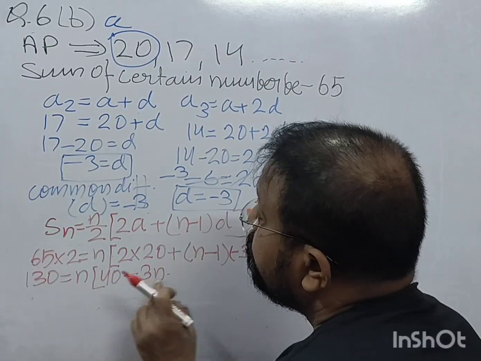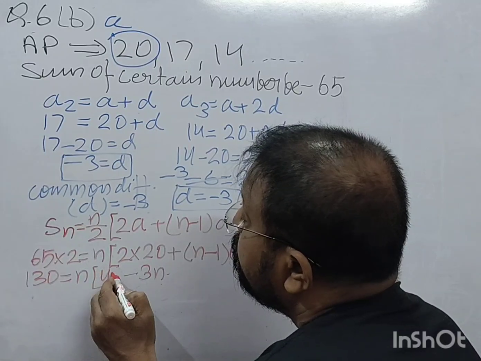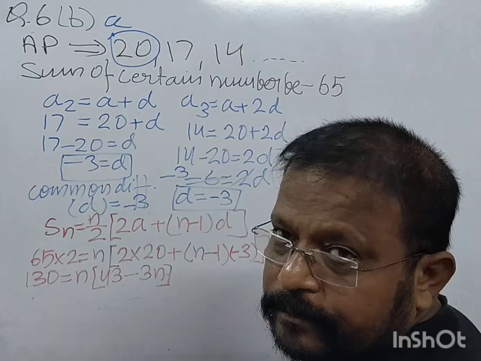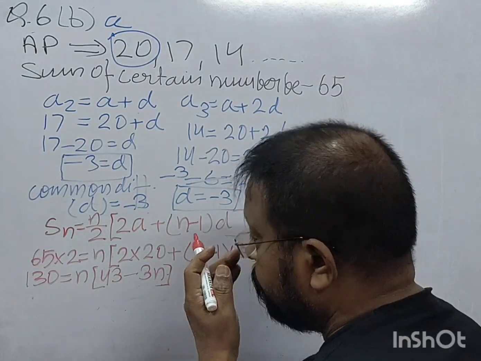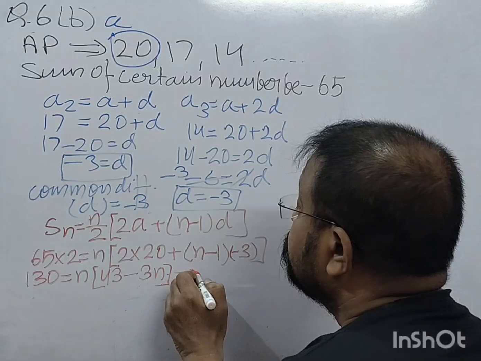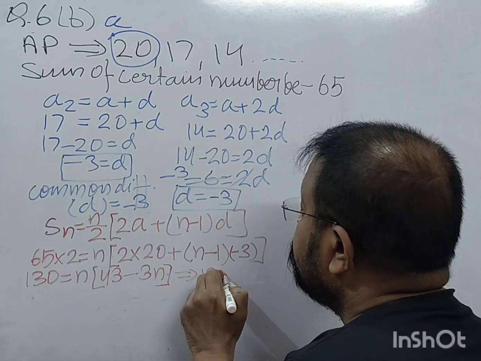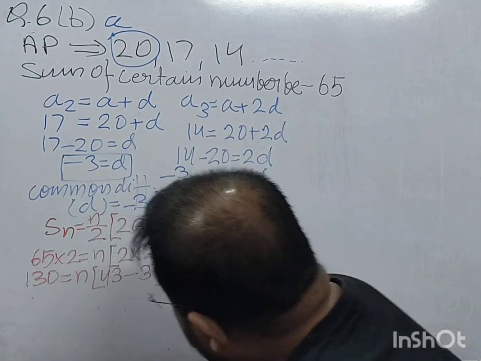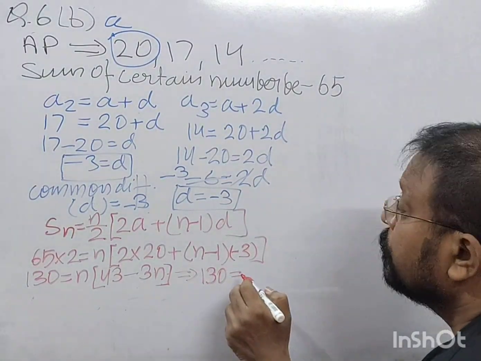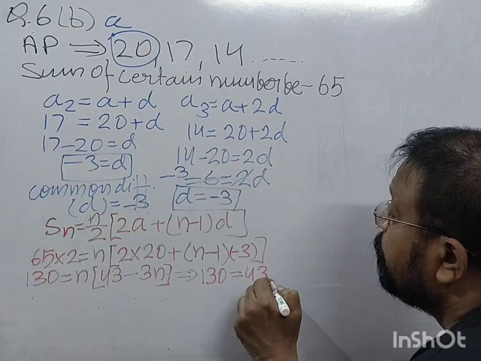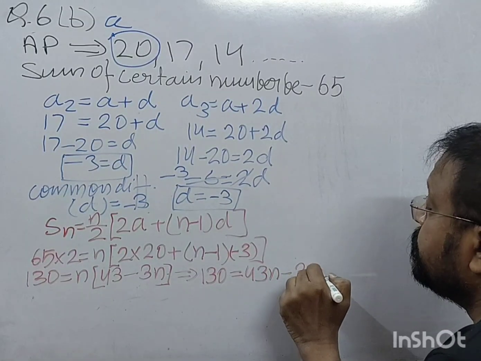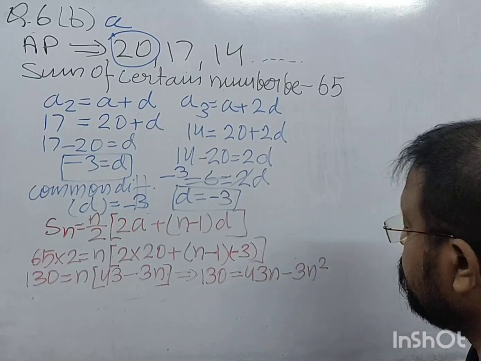So you can write here 43 like this. So now you can write 130 is equal to 43n minus 3n square. You get this?